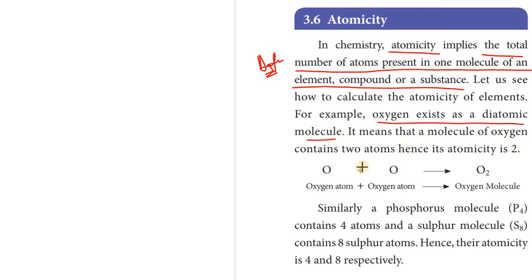It means that a molecule of oxygen contains two atoms. So what is the atomicity of oxygen molecule? Just 2. Similarly, a phosphorus molecule, which is P4, how many atoms? 4 atoms. And a sulfur molecule, S8, has how many atoms? 8 sulfur atoms. So their atomicity are respectively 4 and 8.